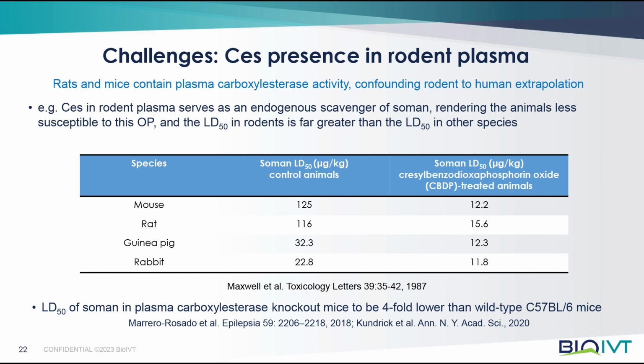So the LD50s are quite a bit higher than they are for guinea pig and rabbit. Interestingly though, if you inhibit carboxylesterase 1 globally with this inhibitor, then you'll see that the LD50s actually drop down to about the same across species. So again, that species difference will come into play not only for organophosphates, but any other drug that might have metabolism by carboxylesterases.